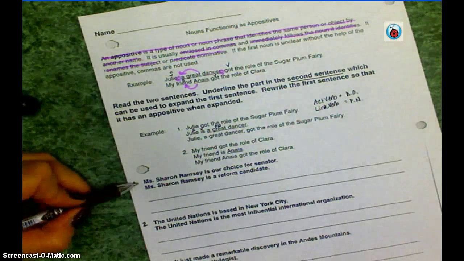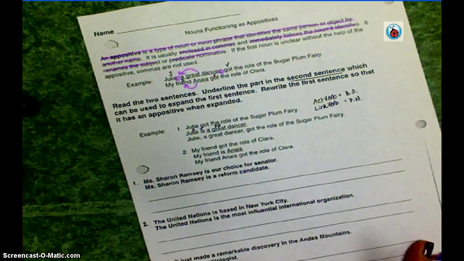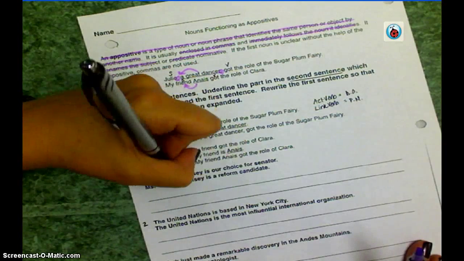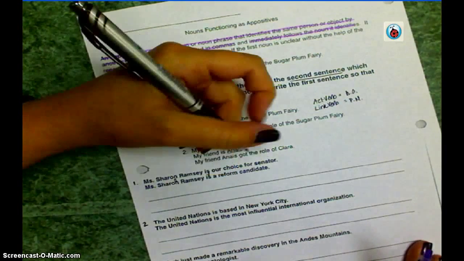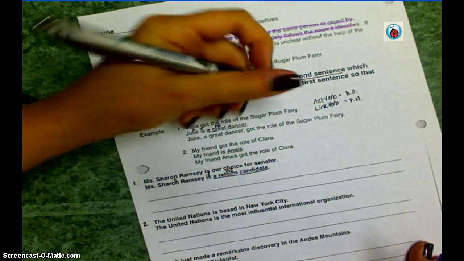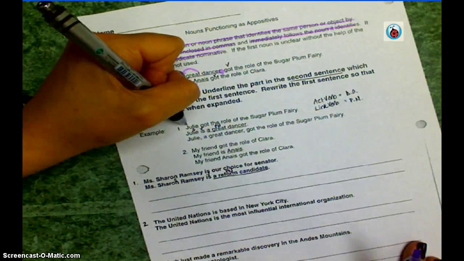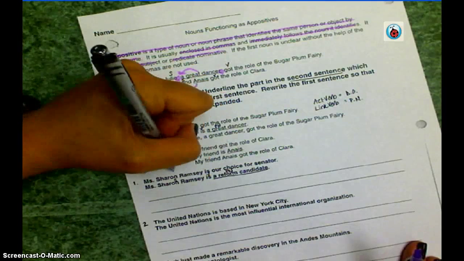So let's look. We have Ms. Sharon Ramsey as our choice for senator. Ms. Sharon Ramsey is a reform candidate. Who or what did it? Ms. Sharon Ramsey. What did she do? She is what? A reform candidate. That phrase is our predicate nominative. Sharon Ramsey is specific, just like Julie is specific. Okay? Reform candidate is going to tell us more about her.